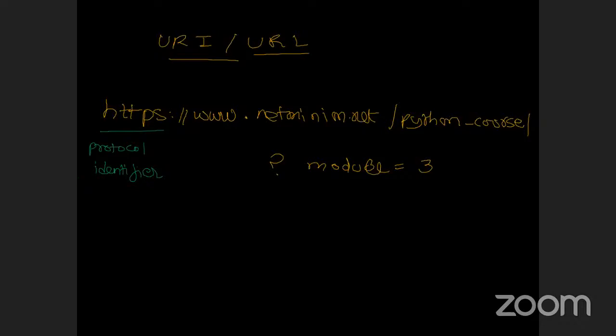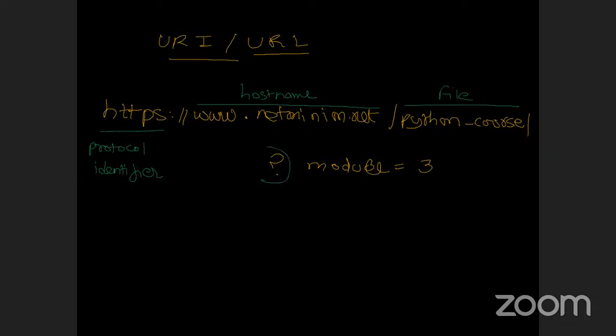If you are not aware about SSL profile, don't worry, I will touch on that a bit later. Then this part, from here to here, is known as the host name. And then this can be your file path or directory path, whatever you want to call it. So it is your file name or path.